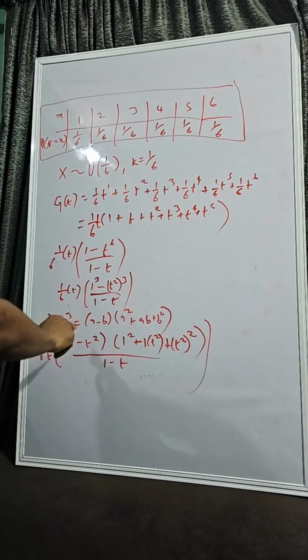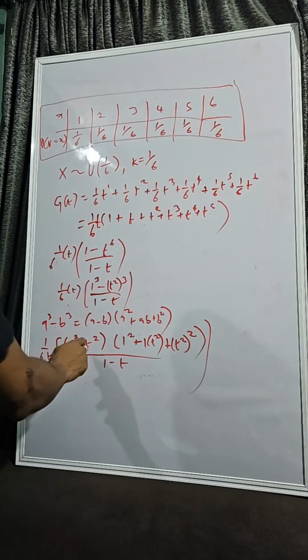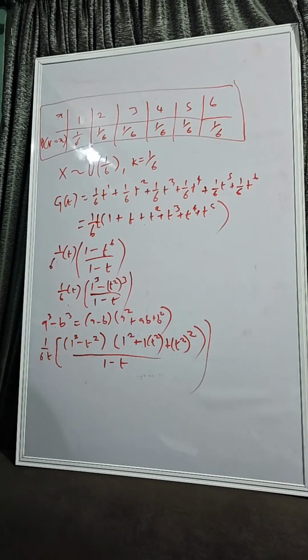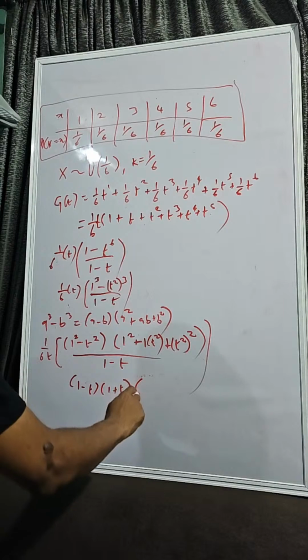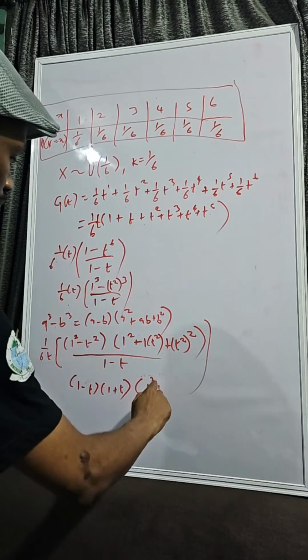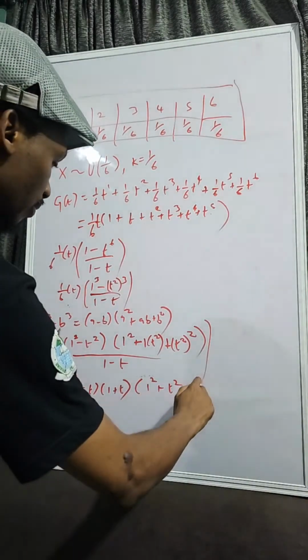Now, 1 minus t squared is the same thing as 1 squared minus t squared, true or false? Because 1 squared is still the same thing as 1. So if we open 1 squared minus t squared, this will give us what? 1 minus t times 1 plus t times 1 squared plus t squared plus t to the 4.